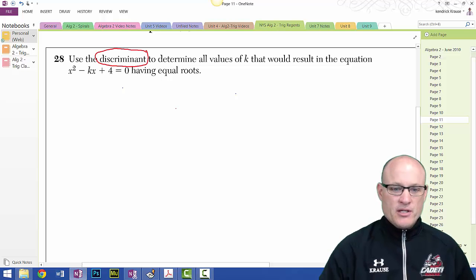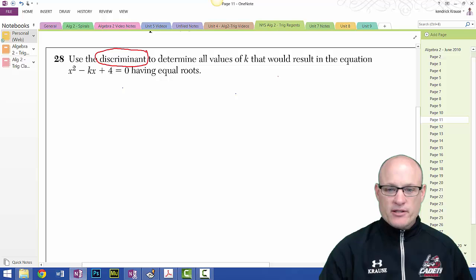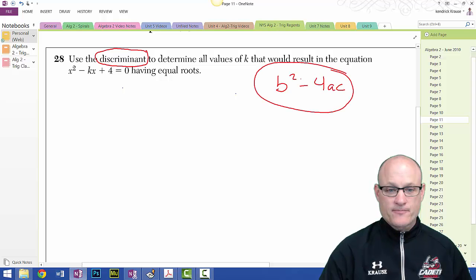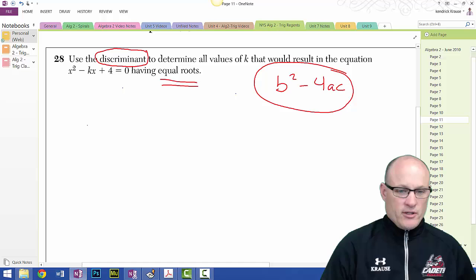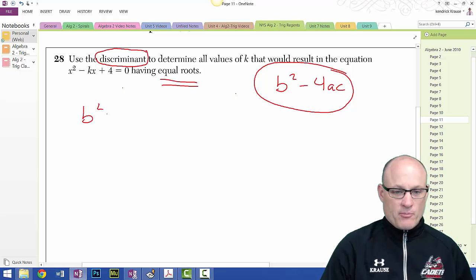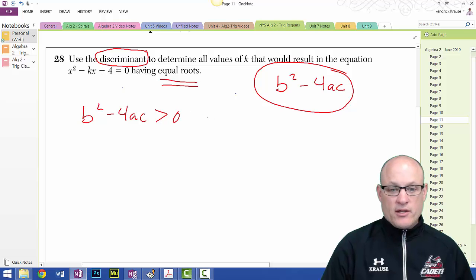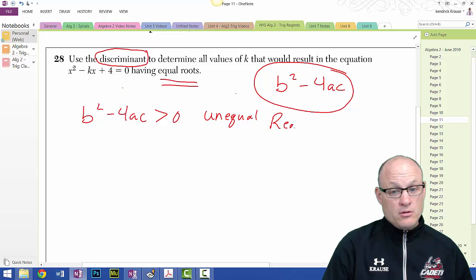Discriminant. If you remember, the discriminant is the b squared minus 4ac. It's the part that's under the radical. Now, in order for them to have equal roots, you've talked about this discriminant before. If b squared minus 4ac is greater than 0, they will be unequal but real roots.